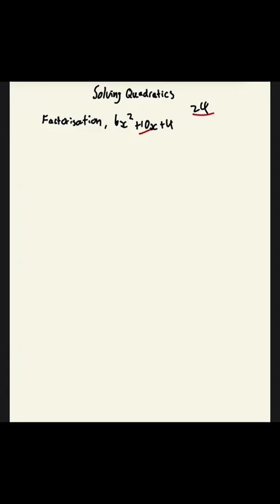So we're going to write the next step here, and this next step is called splitting the middle term. Now we factorize each of these halves, take out the highest common factor: 6x times x plus 1, and then on the right here it is 4 times x plus 1.